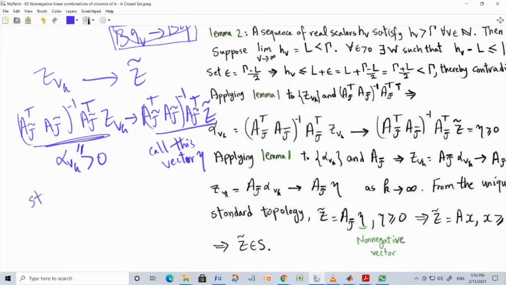Okay, so we have strictly positive vectors that converge to eta.